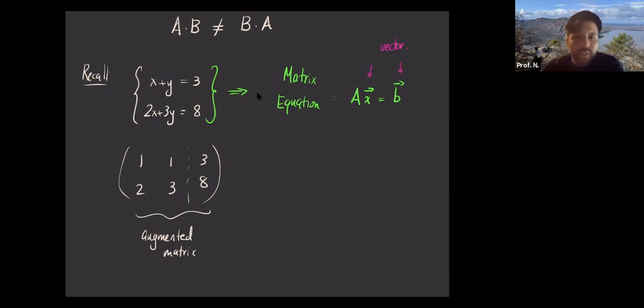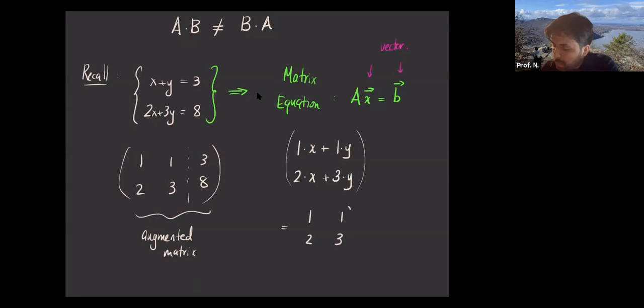Well, A is the coefficient matrix. We already know what the coefficient matrix is. If you look at this, this is 1 times x plus 1 times y. This is 2 times x plus 3 times y. Do you see how I can break this up? It looks like 1, 1, 2, 3, and I'm multiplying this by a matrix of 2 by 1 size that has the entries x and y in them.